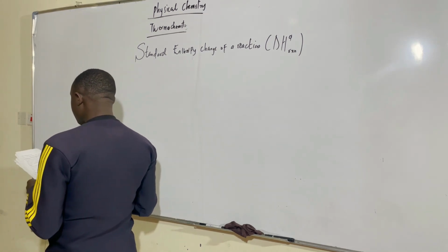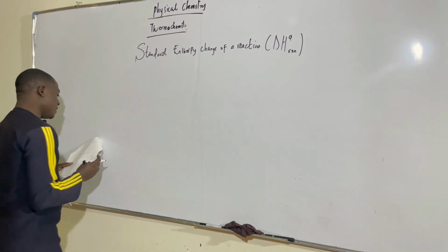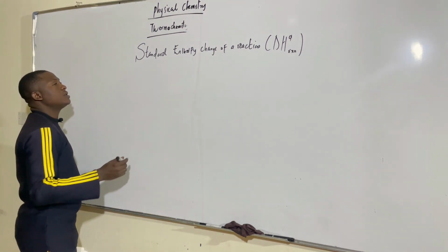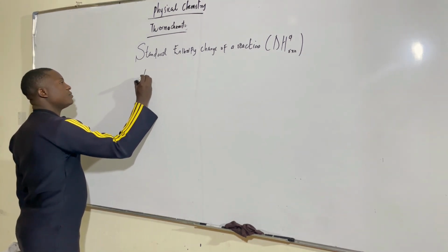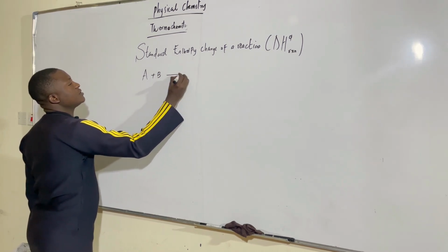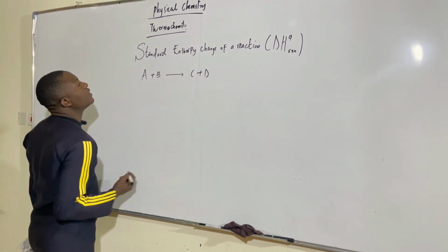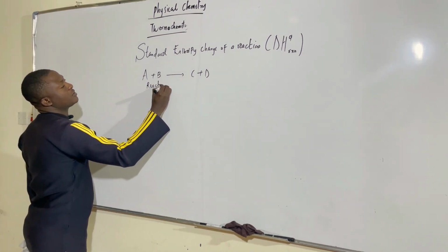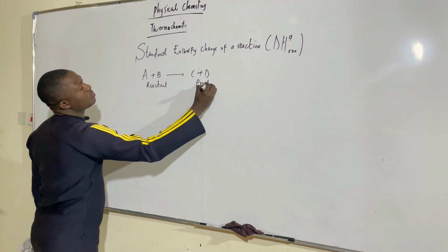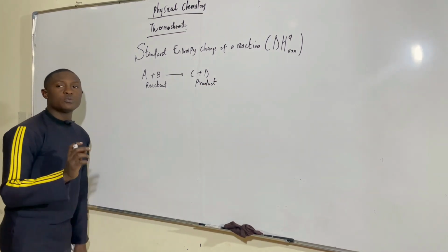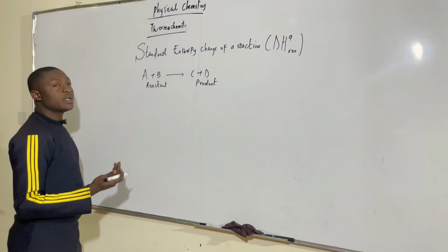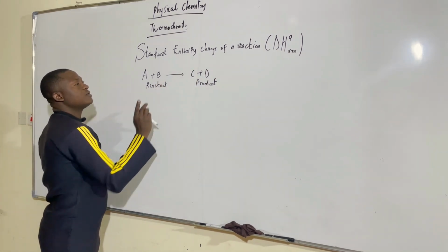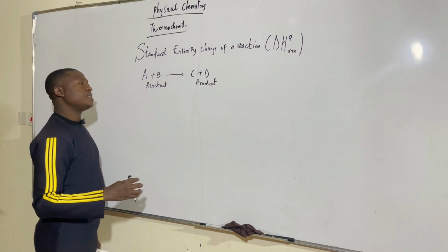So this matters to what we have at the reactants and what we have at the product. So for example, let's say we have A plus B to give C plus D. So if you are given, this is what we have at the reactant, and here is what we have at the product. So if I want to obtain their standard enthalpy change, what I need to do, I will calculate total heat change at the product side. I will find total heat change at the reactant side, and I will find their difference. How?